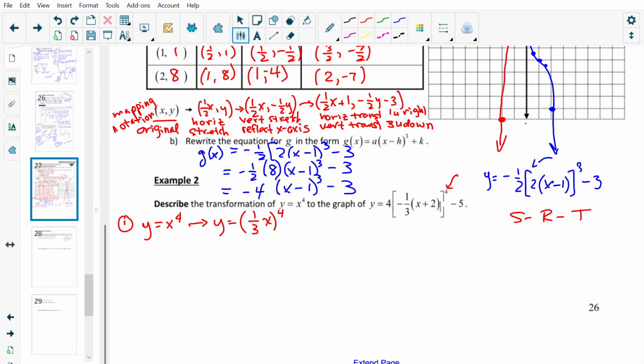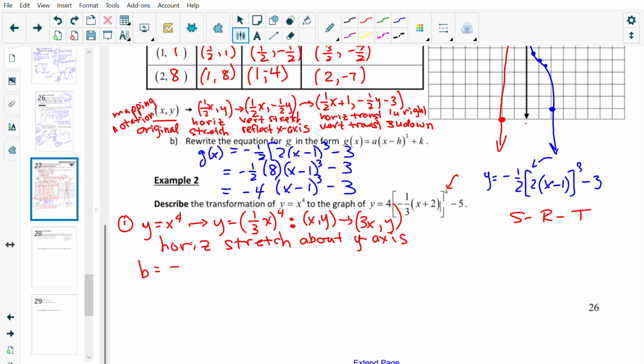So this leads to mapping notation (x, y) to (3x, y). So how do we do that? First, this is a horizontal stretch about the y-axis. Okay, how do I get a factor of 3?